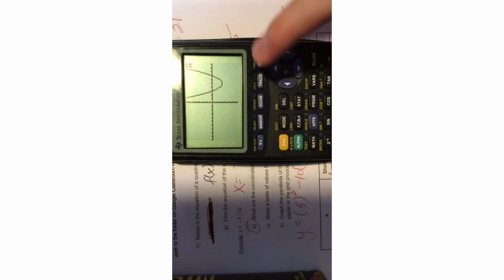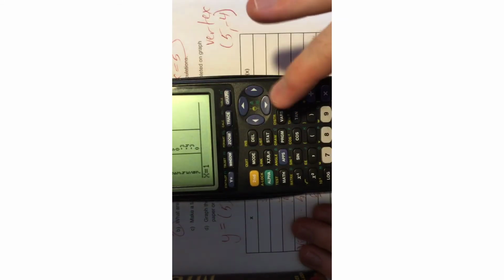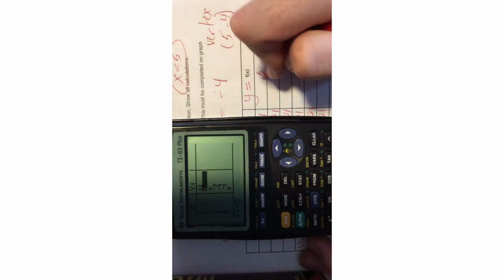We could go to second graph and find the table of values. So we're interested in when x is 2. We're going to scroll down. X is 2, our y is 5. We also could have computed that from taking 2 squared is 4 minus 10 times 2, which is minus 20.